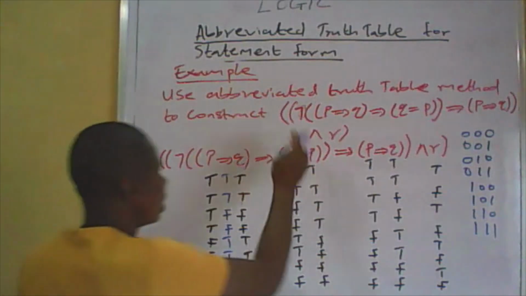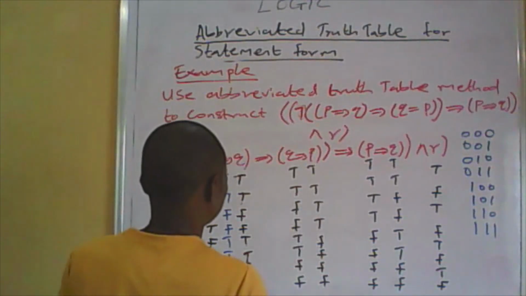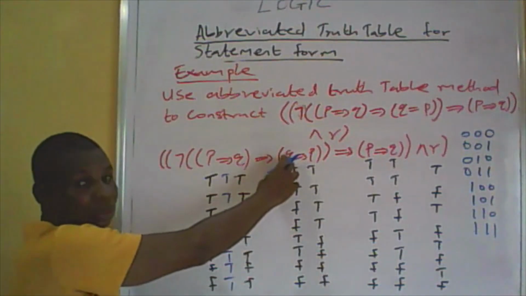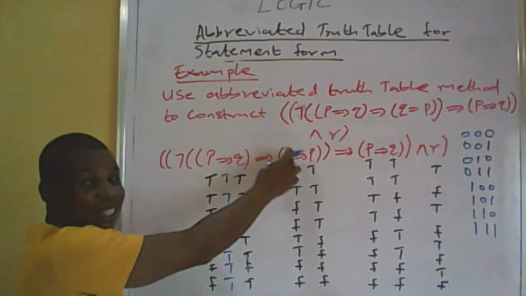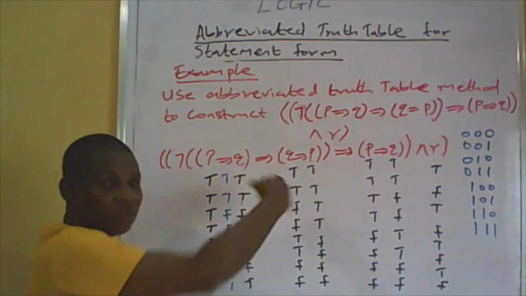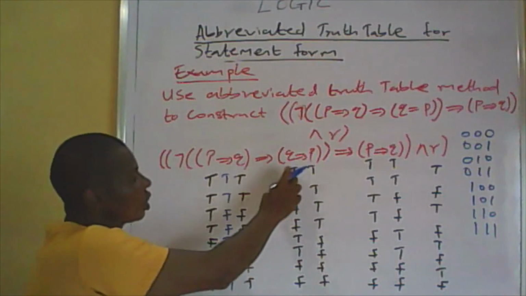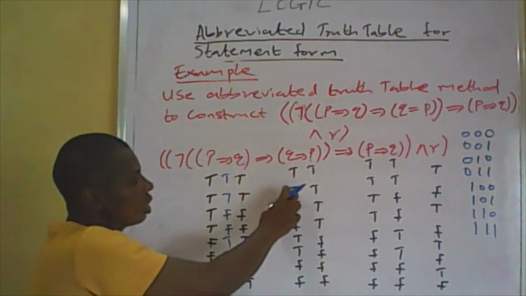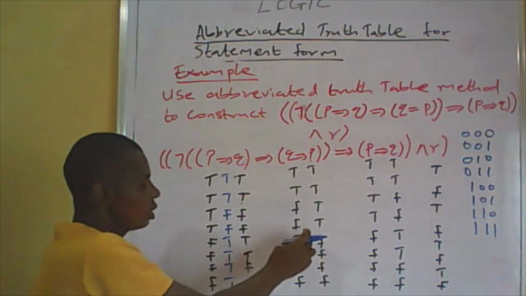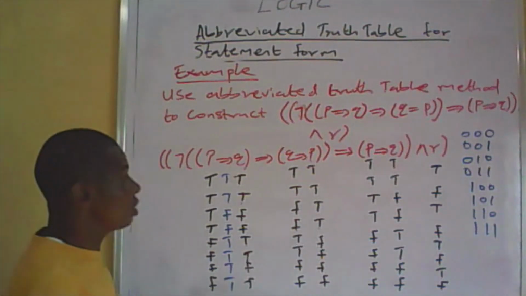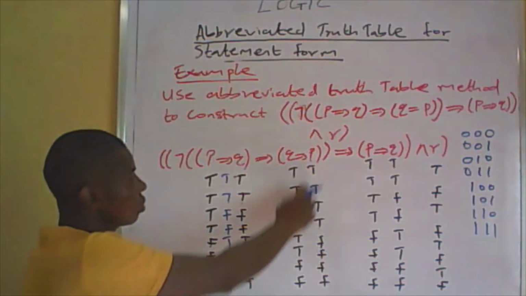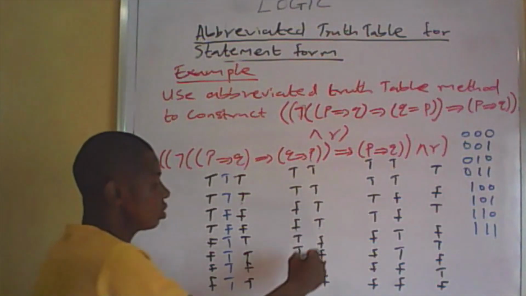Then let's evaluate here. We have the same thing. When Q is true as the antecedent and the consequent is false, it's going to be false. So here you have T, F. That means the antecedent is true while the consequent is false, so it is false.